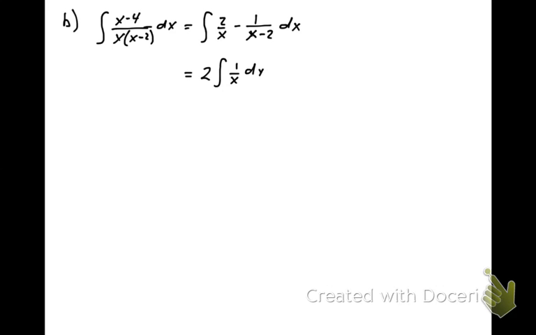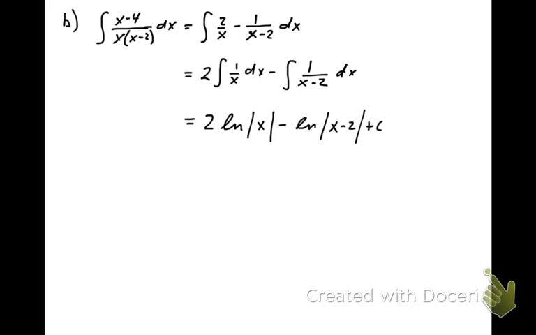Now we are going to do the integration using the simpler form, our partial fractions. As we do this, we pull out that 2, and I'm showing you that we integrate each term by itself. Hopefully you realize that when you integrate this, you get a natural log of x, don't forget your absolute value, minus natural log of x minus 2, plus c.